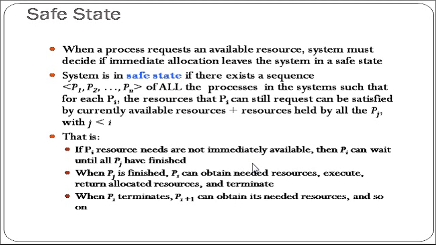That is, if Pi's resource needs are not immediately available, then Pi can wait until all Pj have finished. When Pj is finished, Pi can obtain the needed resources, execute, return allocated resources and terminate. When Pi terminates, Pi plus 1 can obtain its needed resources, and so on.